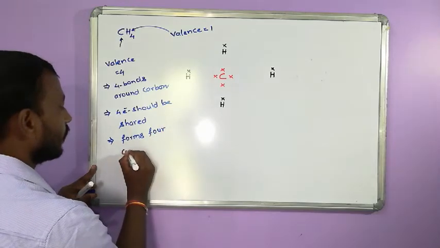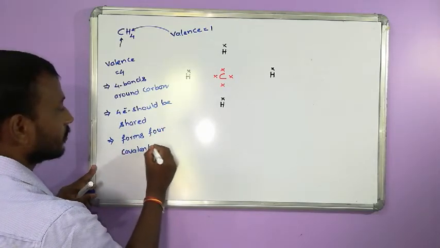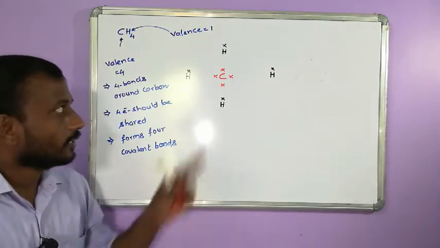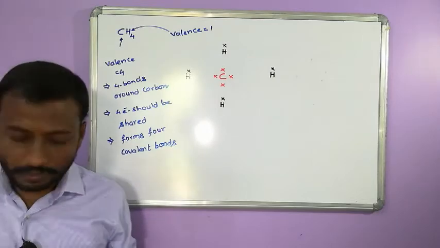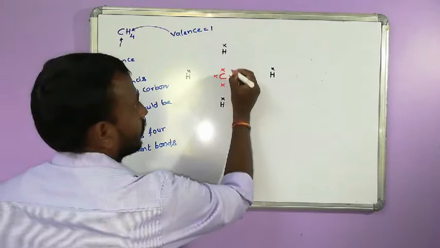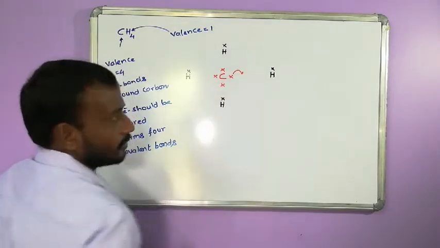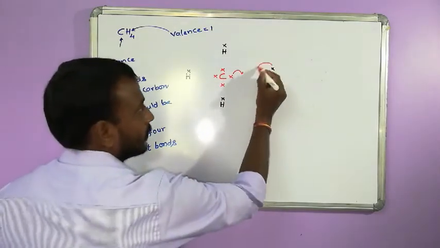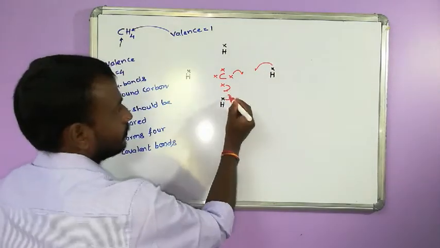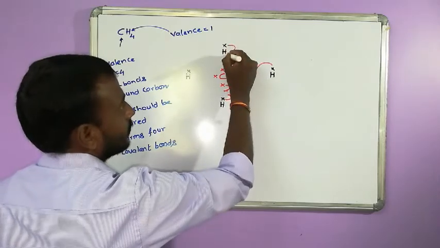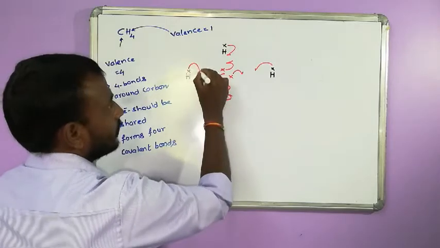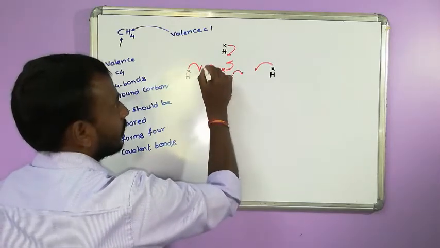This is the thought process. There are 4 valence electrons as well. Therefore, this electron is going to share with this hydrogen. This electron is going to share with this hydrogen. This electron is going to share with this hydrogen. This hydrogen is going to share with this electron.